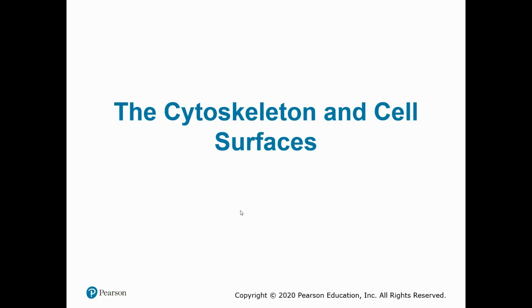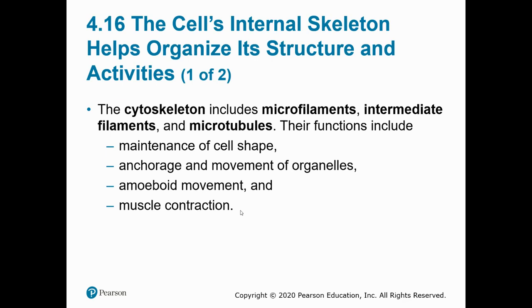Next we've got to talk about the cytoskeleton and cell surfaces a little bit. We used to think that cells were basically these bags of water, but they're not. There's tons of stuff going on inside of a cell. The cytoskeleton includes things like microfilaments, intermediate filaments, and microtubules, and they maintain the cell shape.